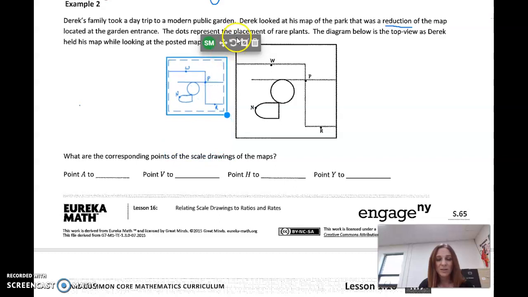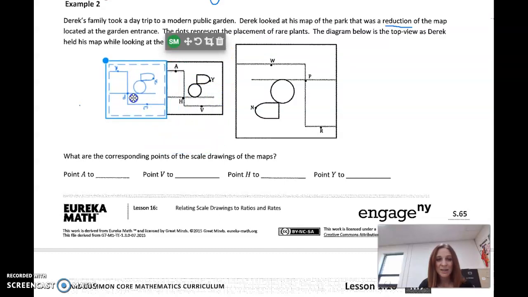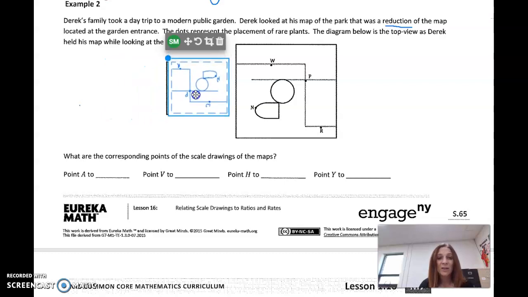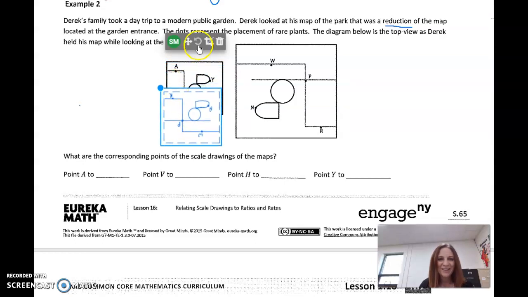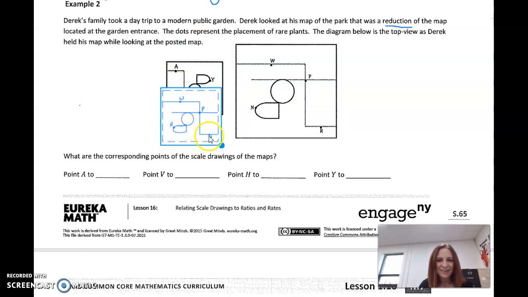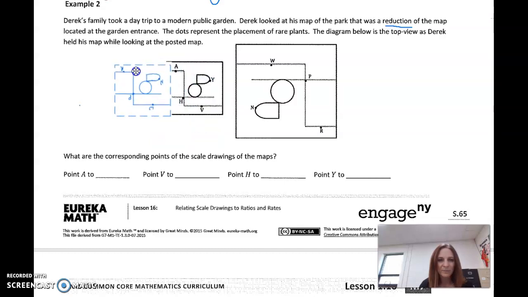So just do your best to imagine. But notice when I spin it a couple times, sometimes we turn maps, you can see how the points are kind of matching up, even though I made them pretty small now. We can see this is an R down here, P, W, and N. We can see that R matches up with A.